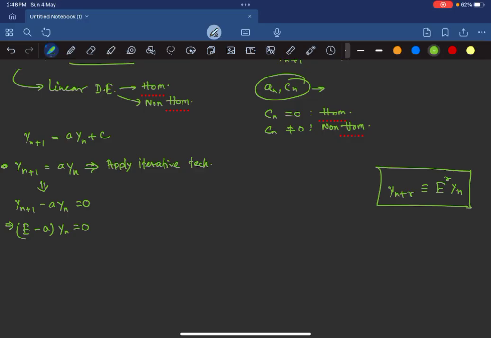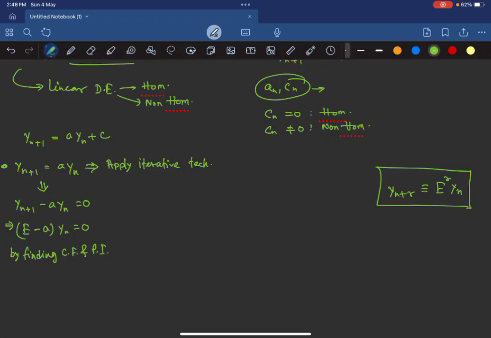So using this formula we can proceed with CF and PI. Because it is homogeneous, the PI, the particular integral, is 0, and the CF part will have some value. Okay, this is one method, by finding CF and PI, and another method is the iterative method.